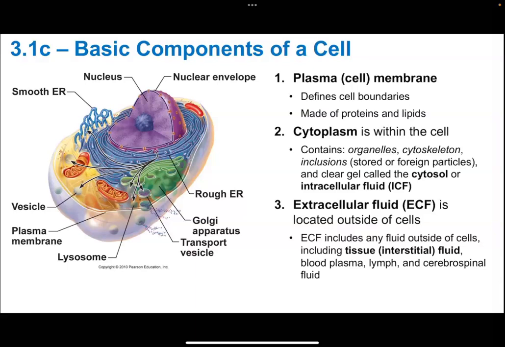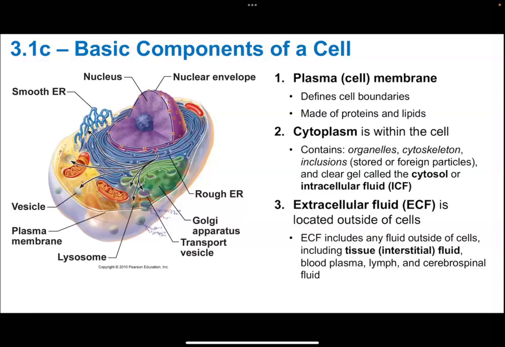What are the basic components of any cell? They're usually pretty standard amongst all cells. All cells have a membrane. They have to have something that differentiates the inside from the outside. It's going to define the boundaries of the cell, and it's composed of proteins and lipids. There is cytoplasm, which is everything between the cell membrane and the nucleus.